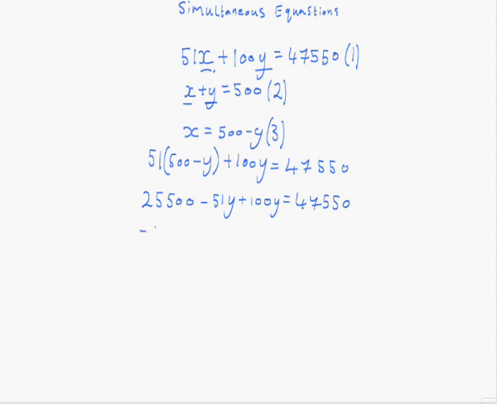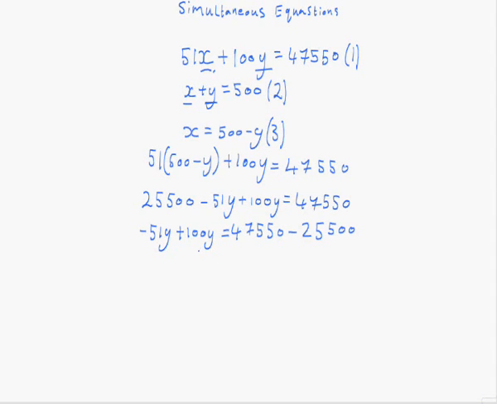So that will give minus 51y plus 100y is equal to 47,550 minus 25,500.